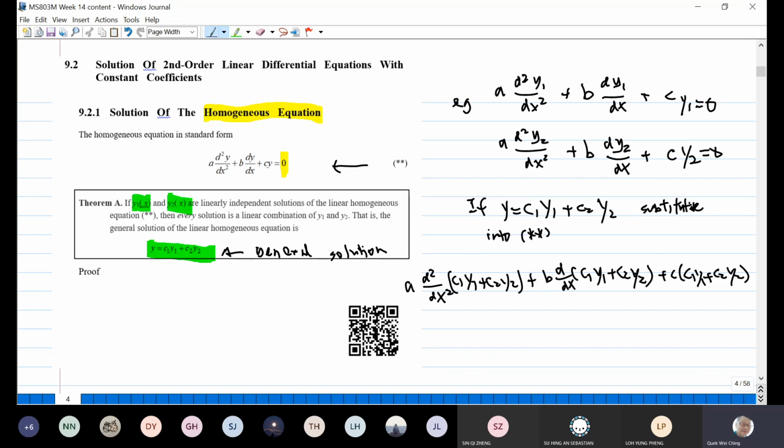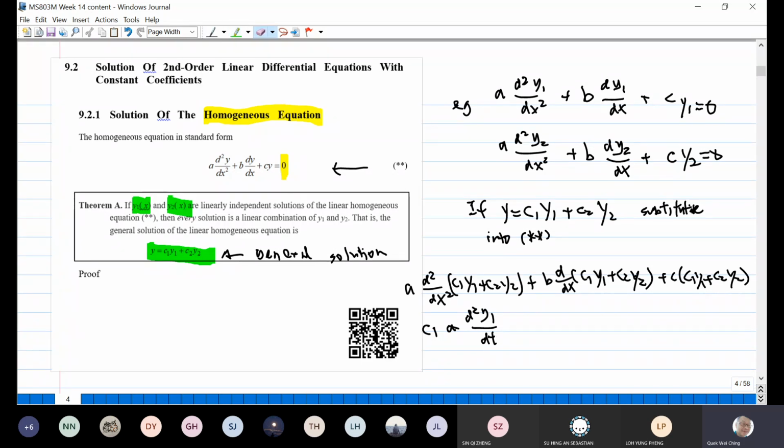Because you know differentiation two times, the first one is c1 times a d2y1 over dx squared, then the next one is c2 times a d2y2 over dx squared.